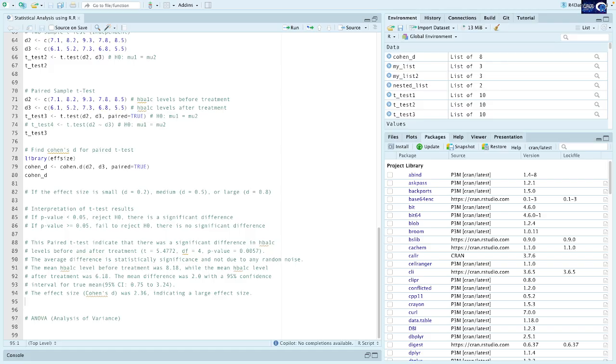So what is the difference between regression and correlation? In regression or correlation, we are actually checking the relationship. What exactly is the difference between these two?